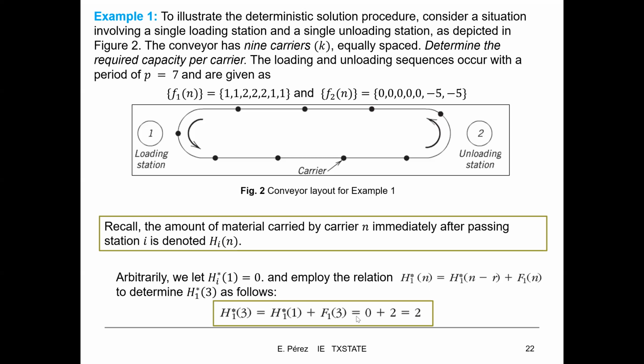H1 star of 3 is equal to H1 star of 1 plus F1 of 3, which is going to be equal to 0 plus 2, which is equal to 2.